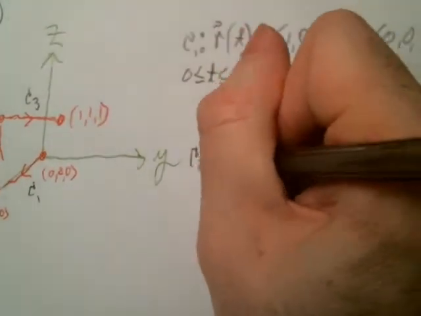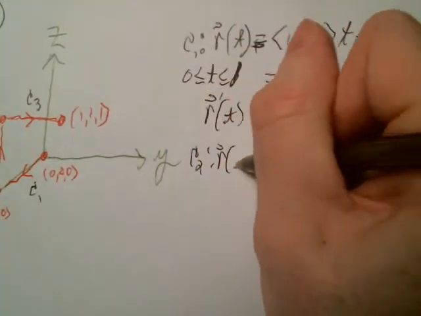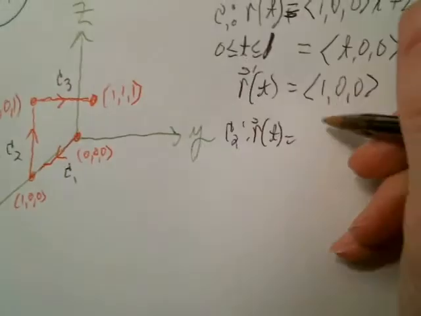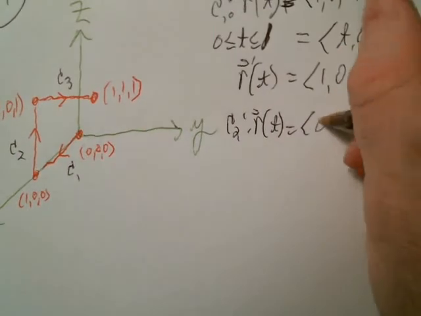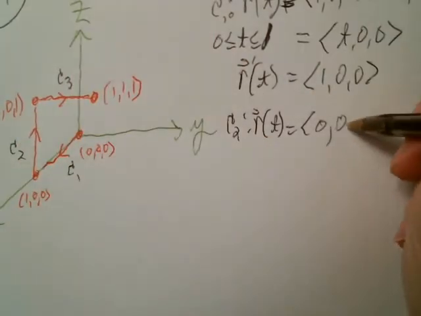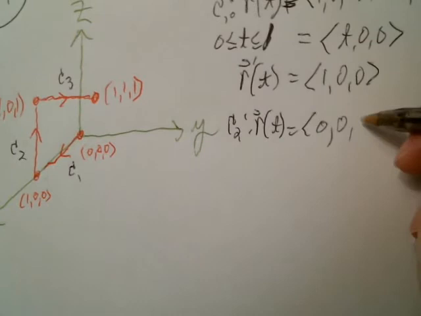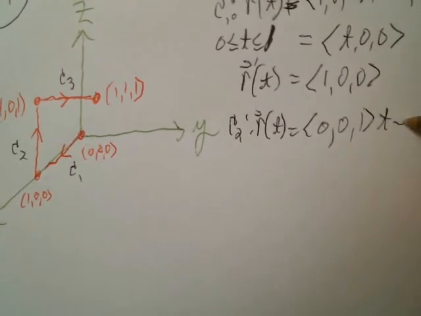Okay, C2. Again, you find the difference of the points. 1 minus 1 is 0, 0 minus 0 is 0, and finally 1 minus 0 is 1, times t, plus our starting position (1, 0, 0).